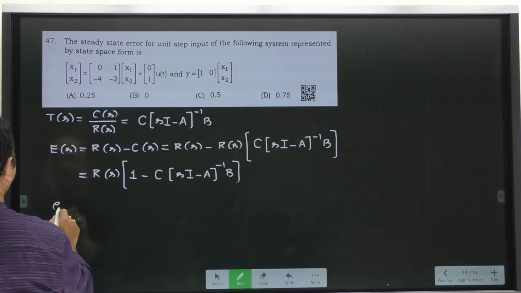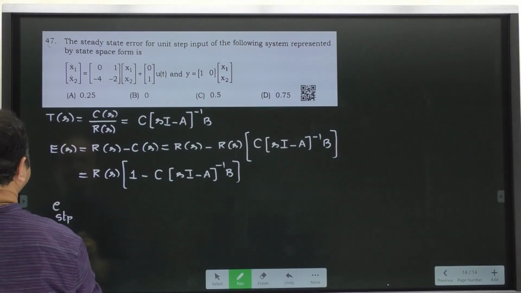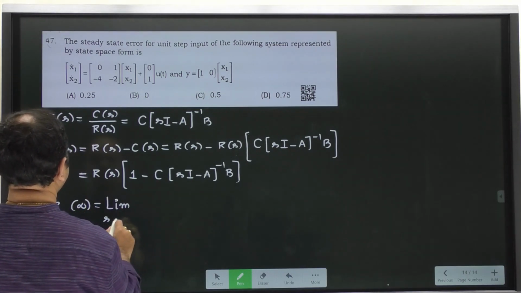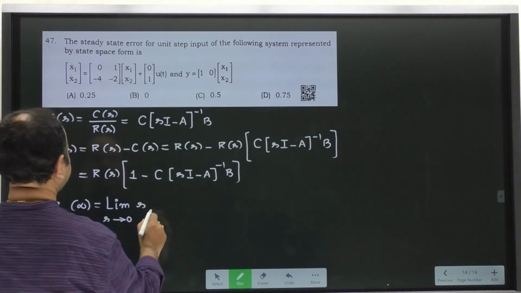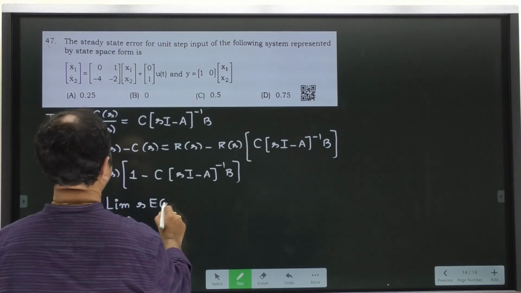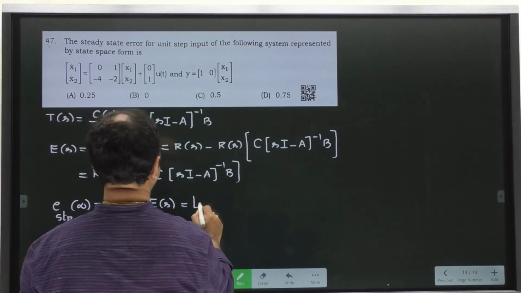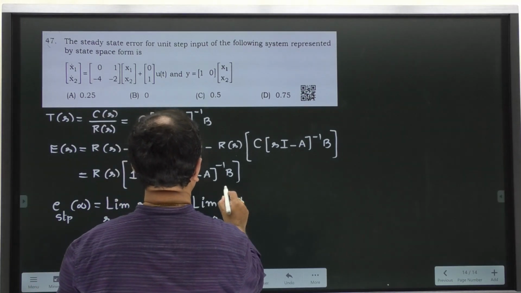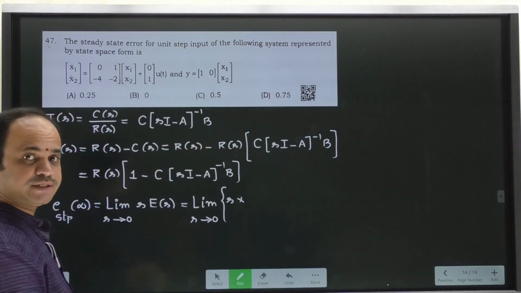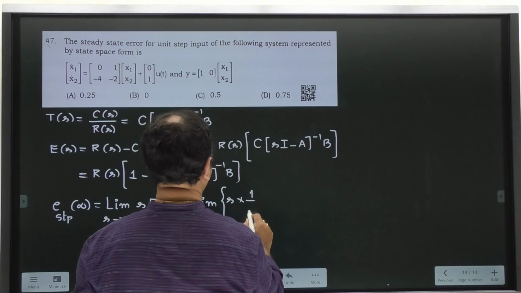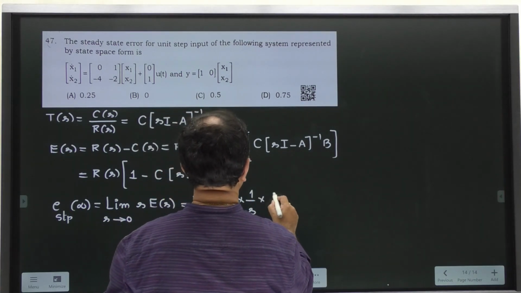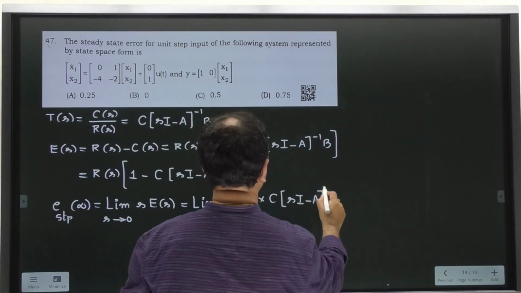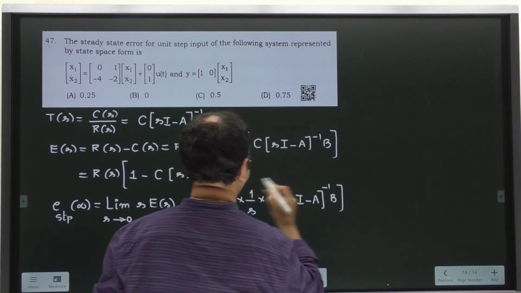Now what is the steady state error with respect to unit step function? Limit S tends to 0, S into E of S. Therefore, limit S tends to 0, S multiplied with what is given in the question? Unit step function, R of S is equal to 1 by S, into C multiplied with (SI minus A) inverse into B. Okay.